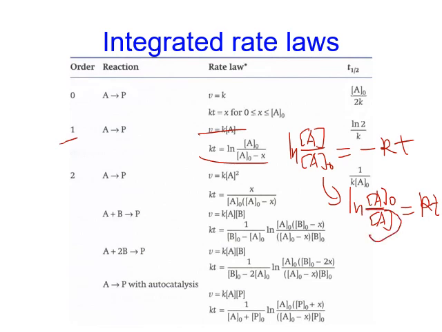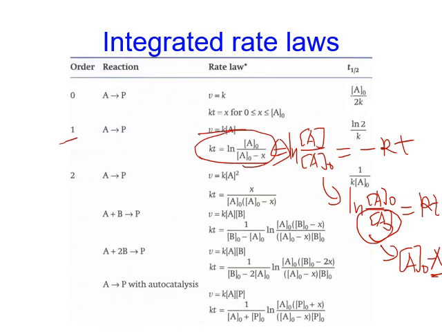The concentration of A can also be written as initial concentration minus the reacted concentration, and so you will see this is equivalent to the one we derived in class.